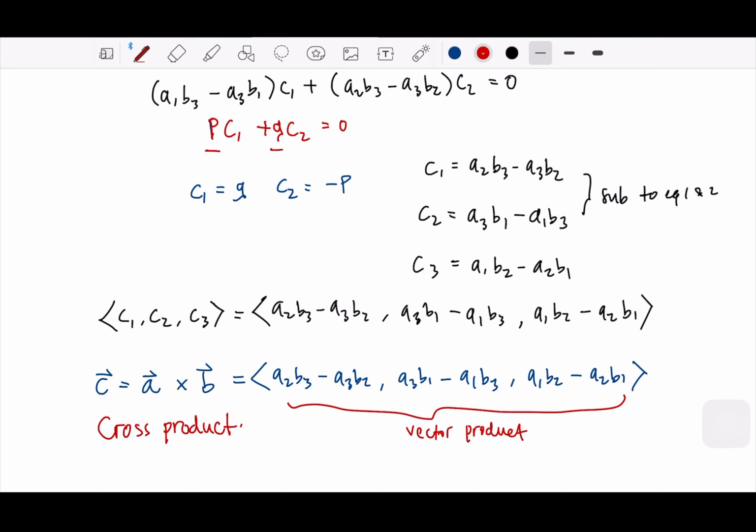Looking at how we can formulate the numbers, I think it's better to rewrite the form in matrix form. By doing the matrix, we will see some patterns that we will understand easily, and how we get the formulations here, which are A2B3 minus A3B2 and so forth.